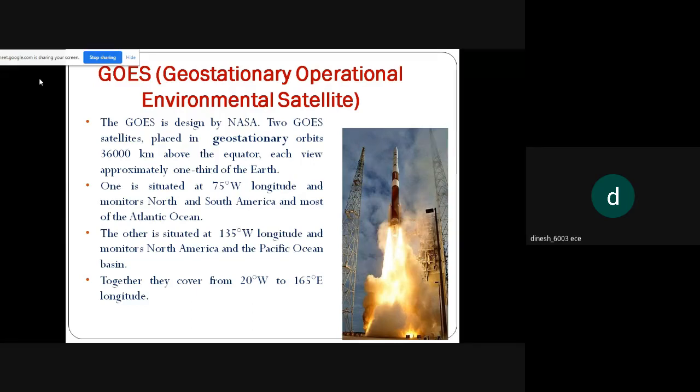GOES was designed by NASA, where two GOES satellites are placed in geostationary orbits of approximately 36,000 kilometers above the equator, each viewing approximately one third of the Earth.